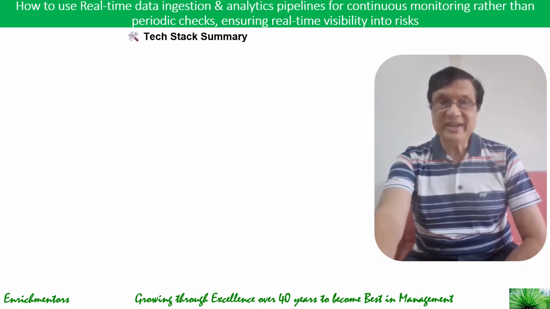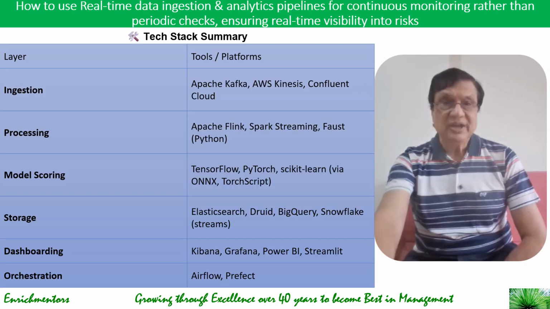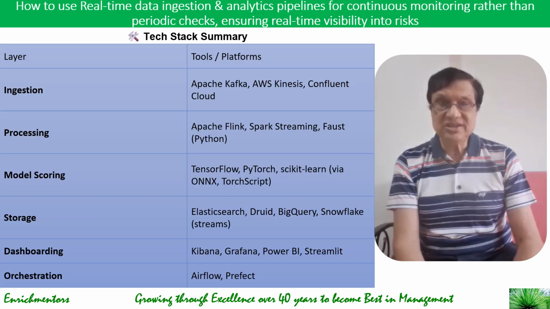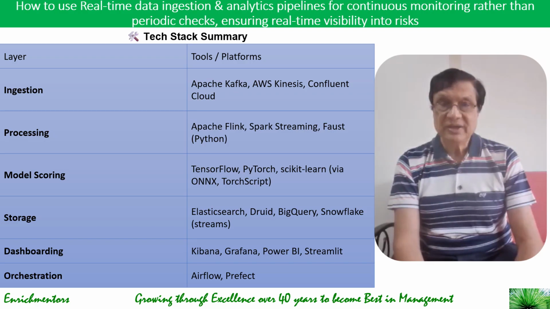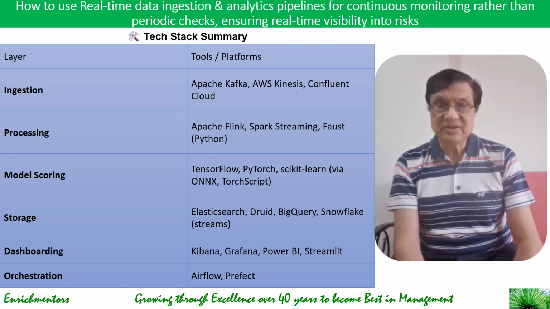Let's take a look at the tech stack summary. So in the ingestion stage, you could use Apache Kafka, AWS Kinesis, Confluent Cloud. In processing of that data, you could use Apache Flink, Spark Streaming, FastAPI in Python. Then in model scoring, you could use TensorFlow, PyTorch, scikit-learn via ONNX and TorchScript.